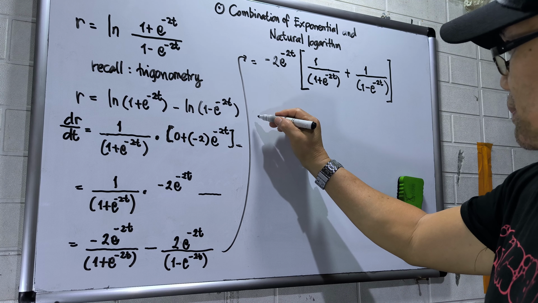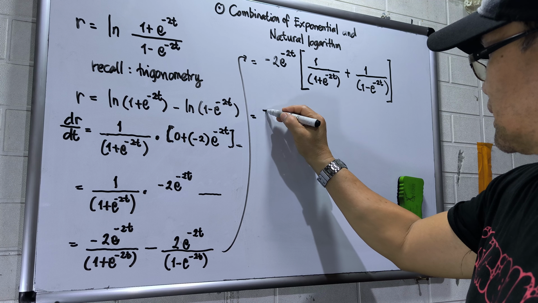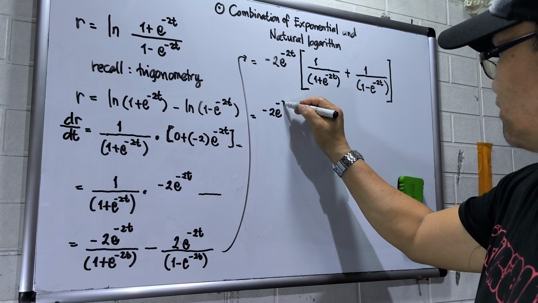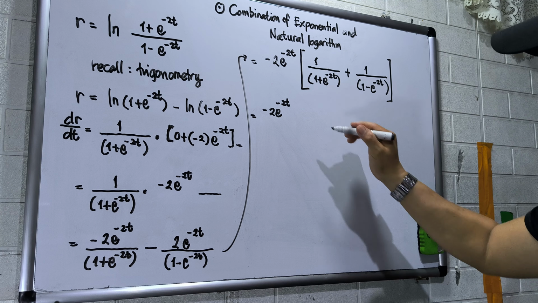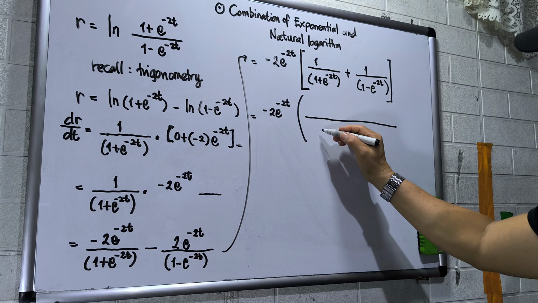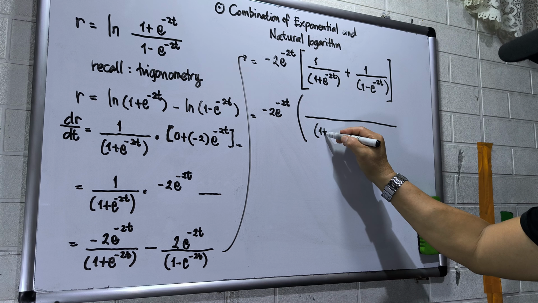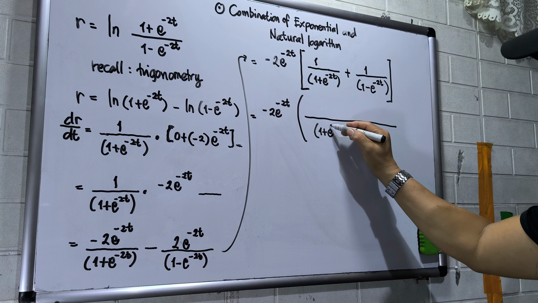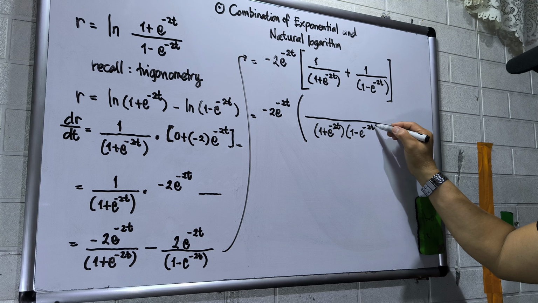Okay, so apply algebra. So this will be negative 2 e to the negative 2t. Then LCD. The LCD will be (1 plus e to the negative 2t) times (1 minus e to the negative 2t).